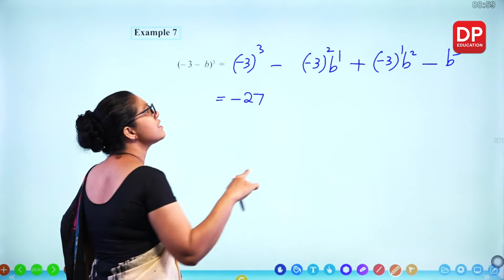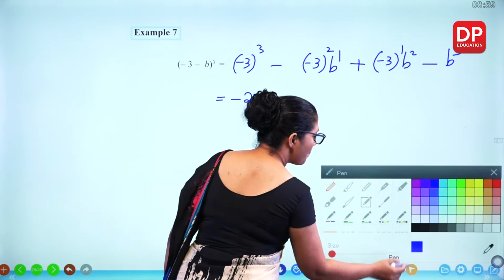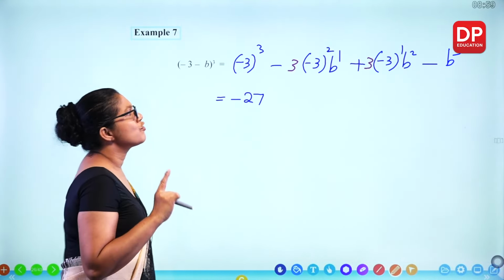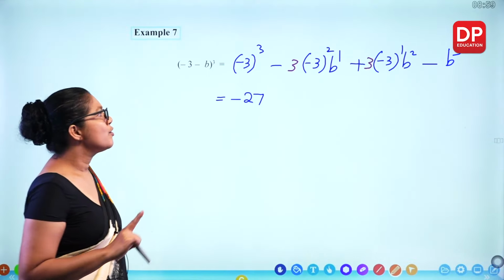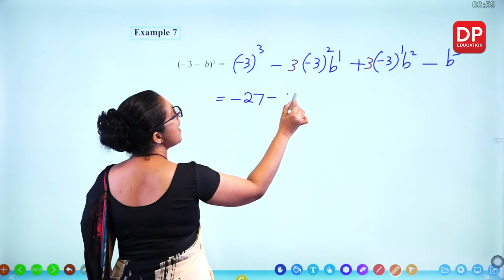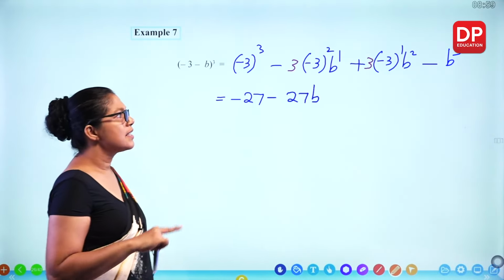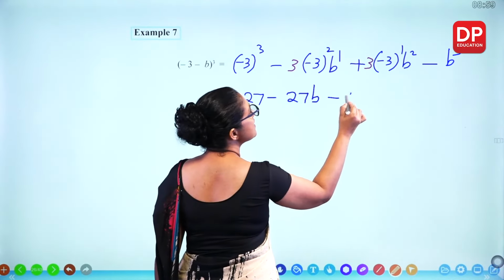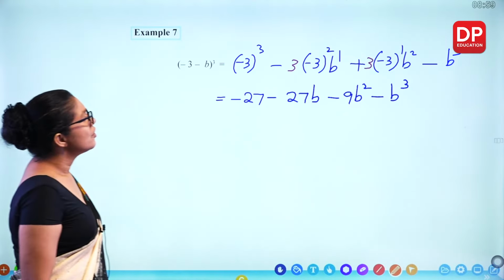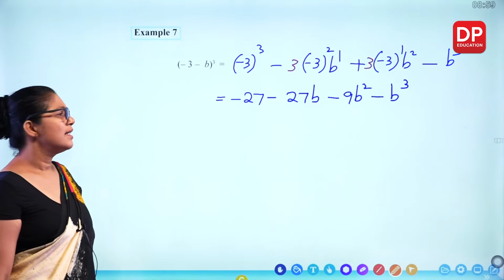Here minus 3 times minus 3. And here again we forgot to put 3 there. So you need to put 3 there. So minus 3 times minus 3, you get 9. 9 times 3, you get 27. So minus 27b. This one, minus 3 times 3, you get minus 9b squared. And here also you get minus b cube. So here all negative terms.